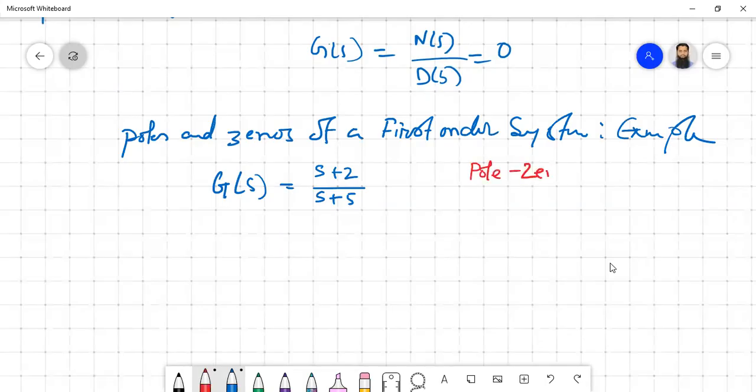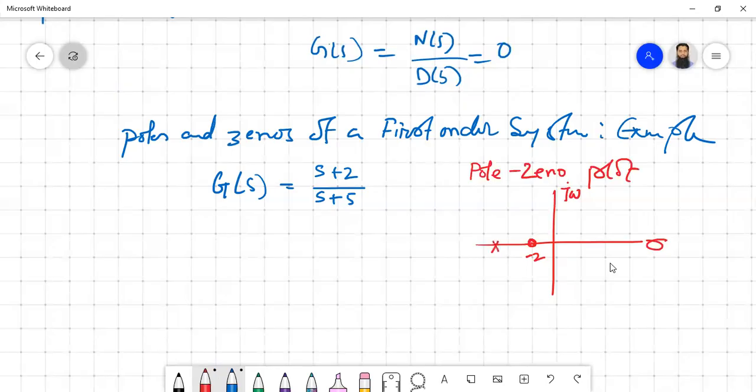A pole-zero plot is basically just in the s plane, where you have sigma and j omega, and you place the location of the poles and zeros. A zero is represented by a circle, so I say it is at -2, and at -5 you actually have a pole.